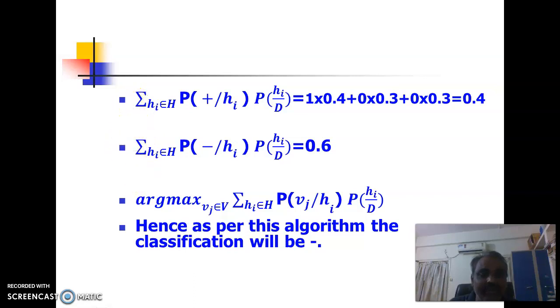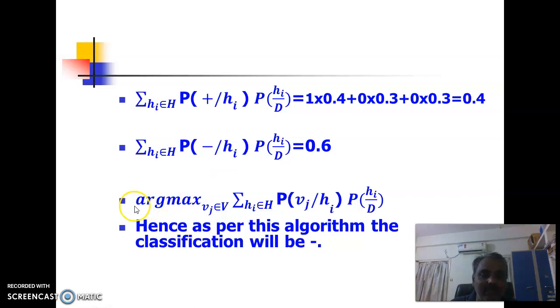Now for negative classification, the sum over Hi of P of negative given Hi into P of Hi given D, in a similar way, we get the value 0.6.